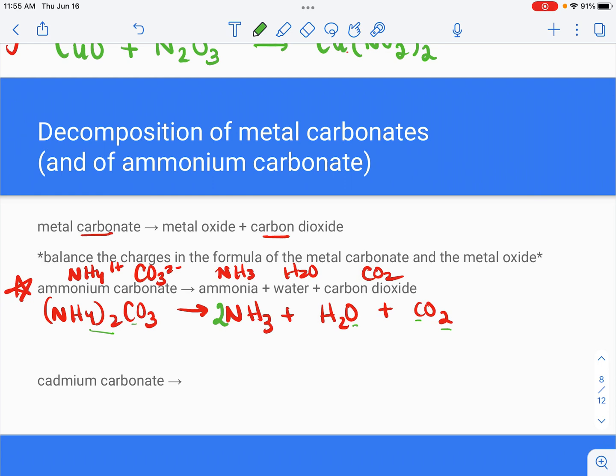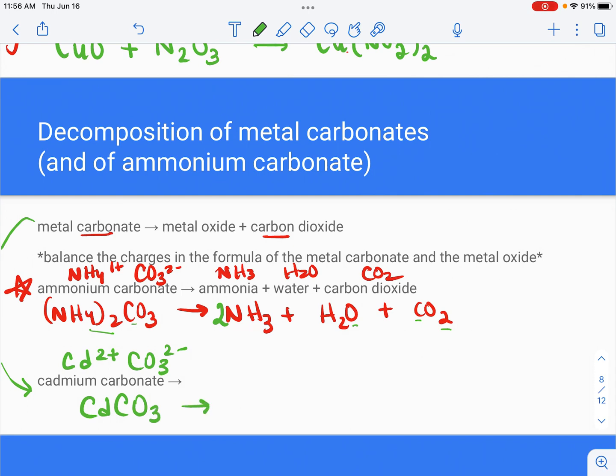In the second example now, this is going to be your metal carbonate, cadmium carbonate. I hope you're stopping the video here to work these examples. If you're not, please make a practice of that. So cadmium carbonate is a metal carbonate, and cadmium, you should know from the periodic table, is 2+, carbonate is 2-, so this would be CdCO3.